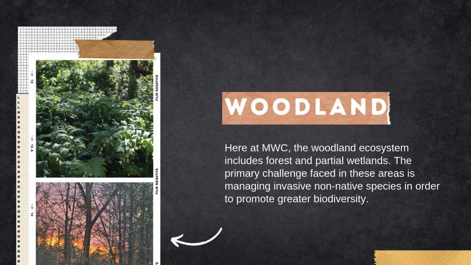That's something that is done on an ongoing basis, and there are a few non-natives that are particularly pervasive here. And so it's an ongoing process, just trying to cull those and keep them at bay, while at the same time promoting the native species that are already here, and then introducing other natives that would do well.